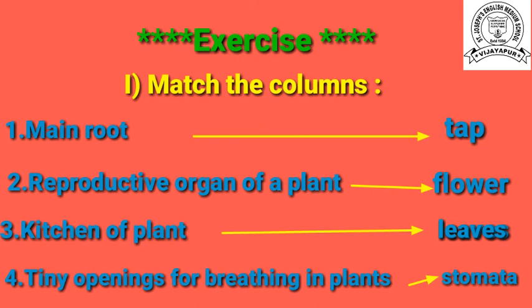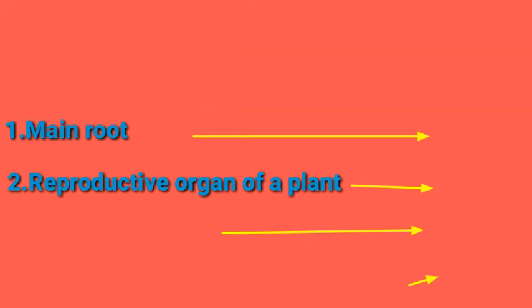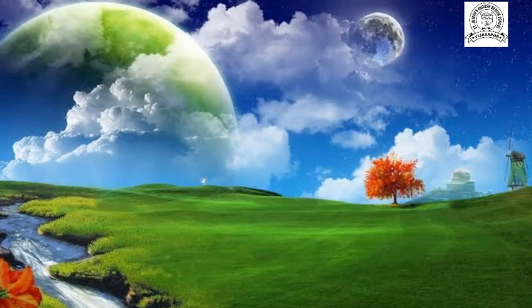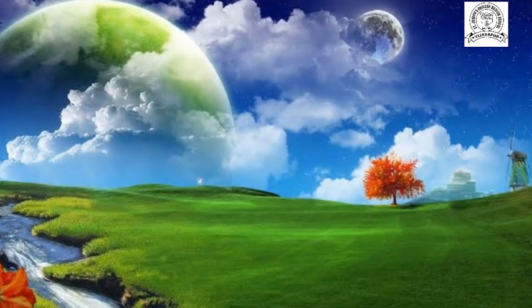Second one, reproductive organ of a plant, put an arrow and write flower. Kitchen of plant, put an arrow and write leaves. And the fourth one, tiny openings for breathing in plants, write stomata. So write the match the following, new words and word meanings in classwork. The remaining part of this exercise and extra question answers I will tell in the next video.